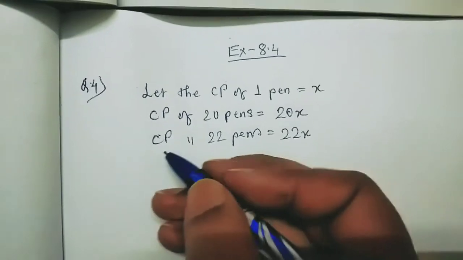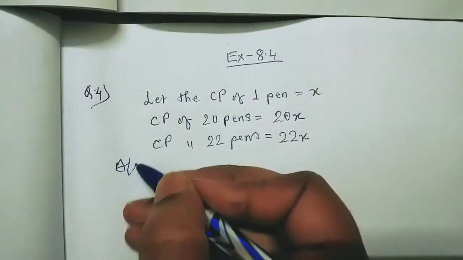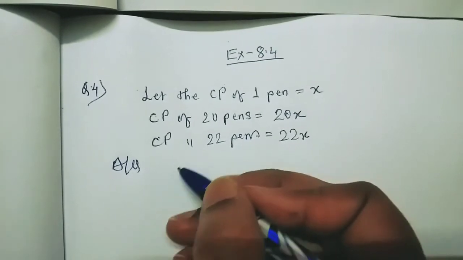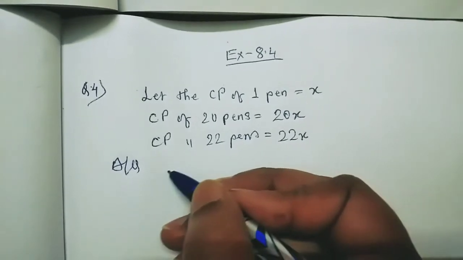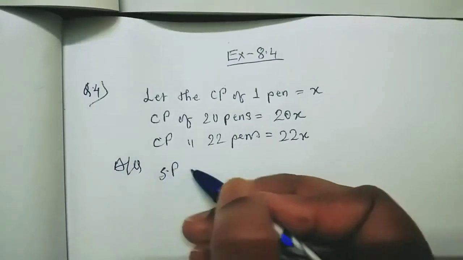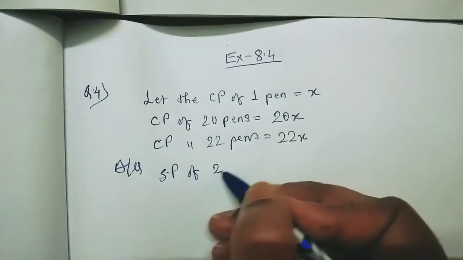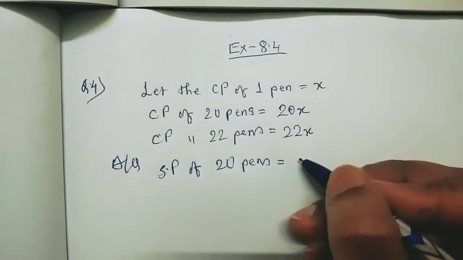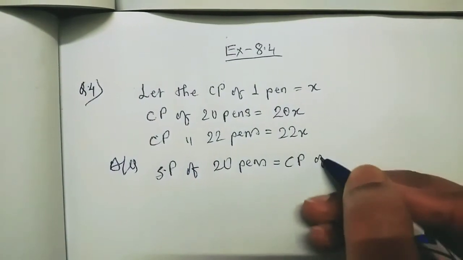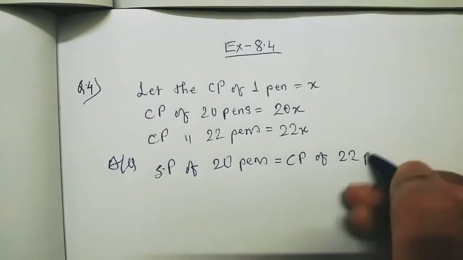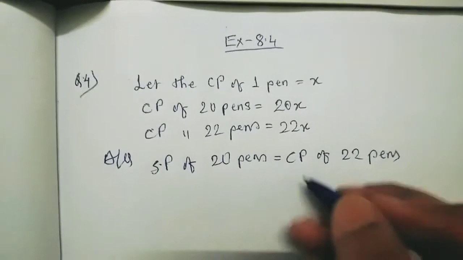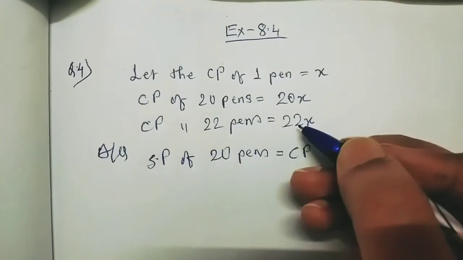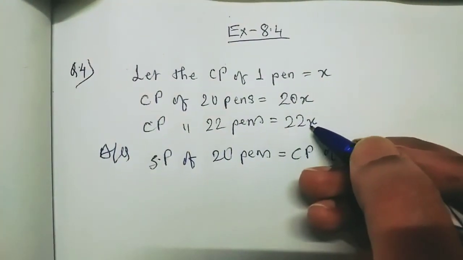Understood? Now according to the question, what is given? SP of 20 pens is equal to CP of 22 pens. Now CP of 22 pens, how much is it? 22X, we have assumed.